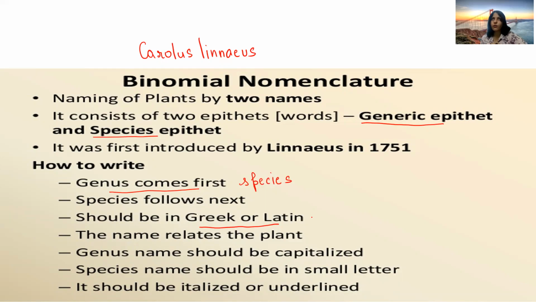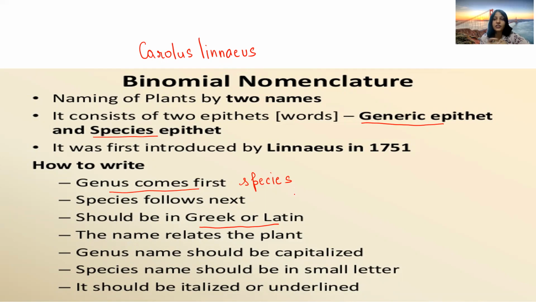If you read Old English, you will read words like thou and all those things. But nowadays our English language is becoming shorthanded, like I want to go becomes I wanna go. It's evolving as per the needs.